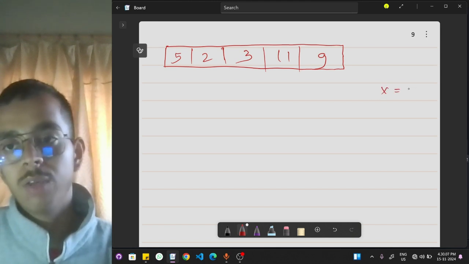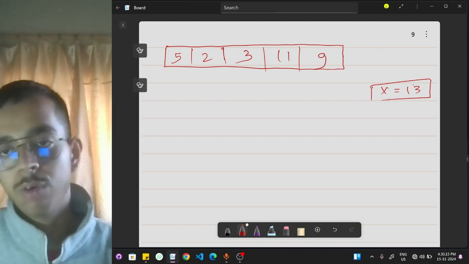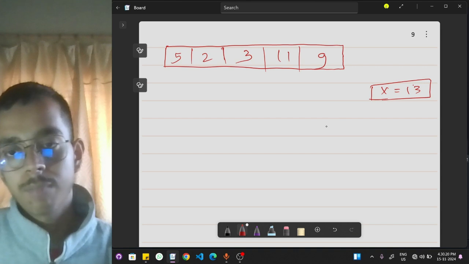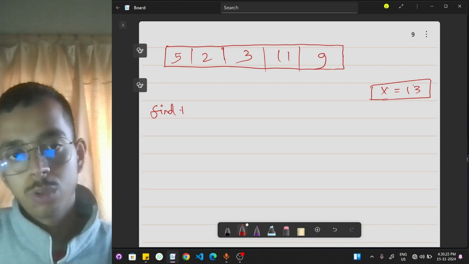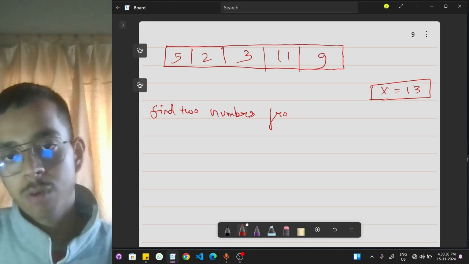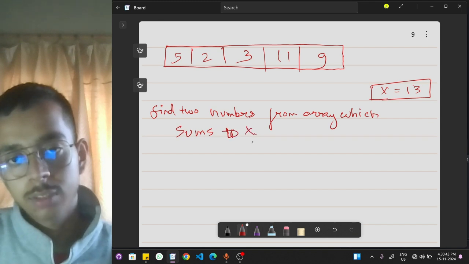And I need to find some value x such that, let's say I take the value of x as 13, and the condition which I need to fulfill is that I need to find two numbers from the array which sum to x.